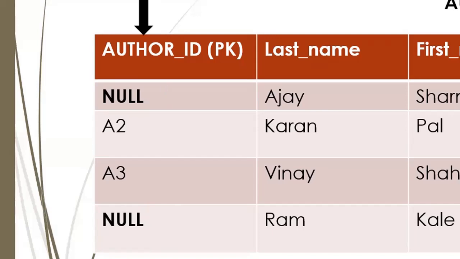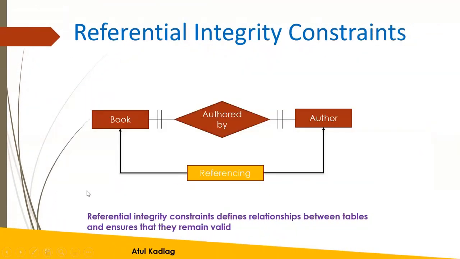So this is one integrity constraint applied to this table. Suppose someone tries to insert values in this table and puts the primary key as empty or null, then it will throw an error. That is what is called an entity integrity constraint.